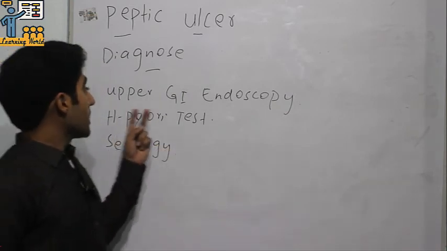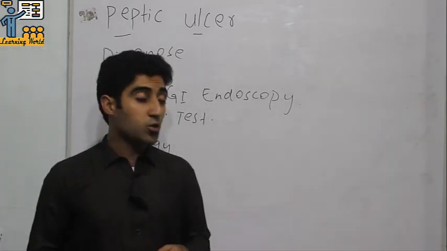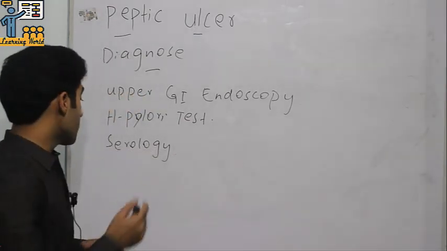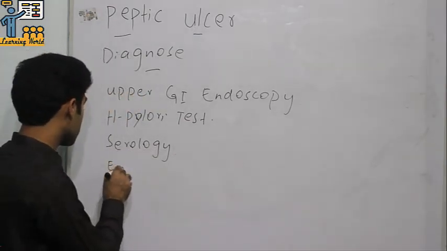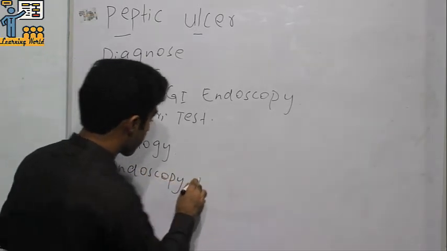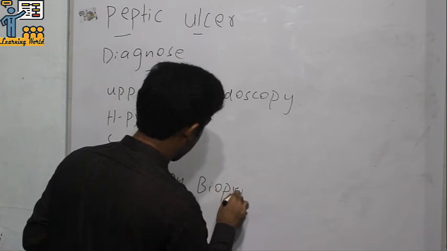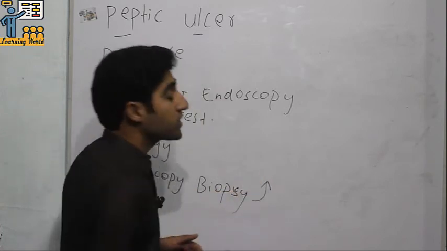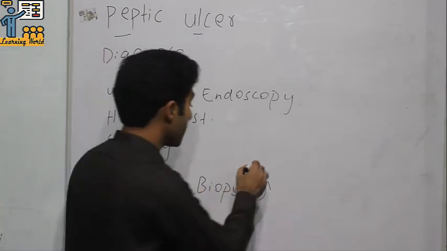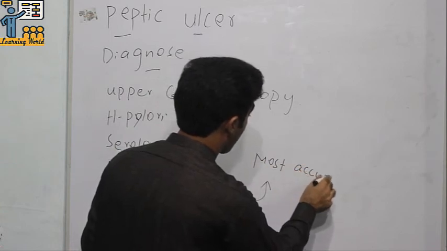If the upper GI endoscopy does not work easily, then we use endoscopy biopsy. This is the most accurate test used in the laboratory for the diagnosis of peptic ulcer.